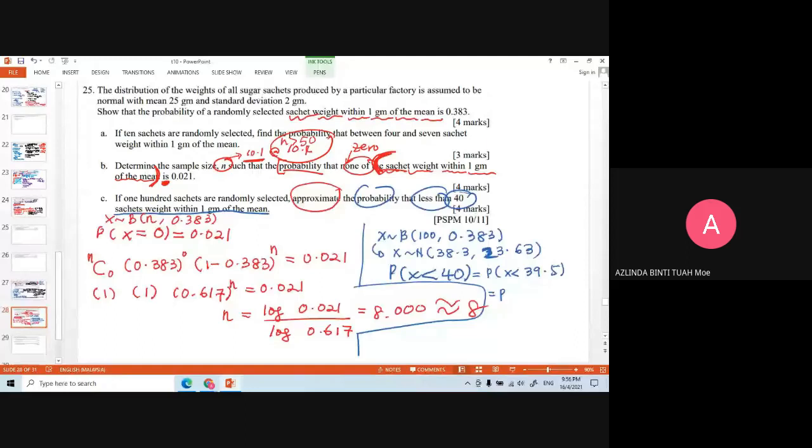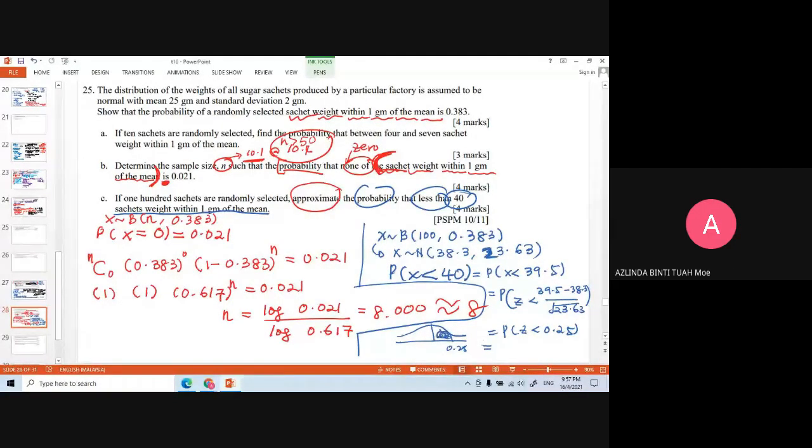Okay, sikit lagi. Convert pergi Z, 0.25. Okay, this one convert or 1 minus? Reflect ke 1 minus? 1 minus.